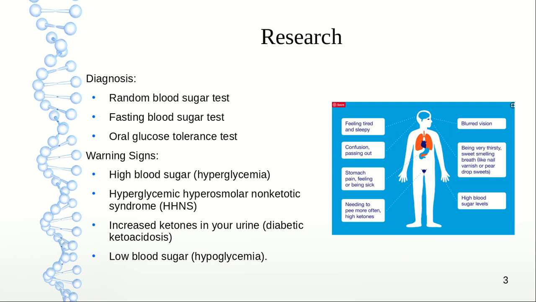As we research the diabetes, when you look at diagnosis, you can use random blood sugar tests, fasting blood sugar tests, and oral glucose tolerance tests. Some of the warning signs that you might be getting close to diabetes is high blood sugar, your hypoglycemic index, increased ketones in your urine, low blood sugar.